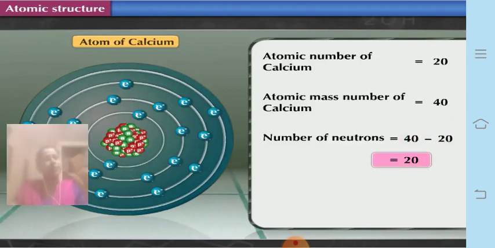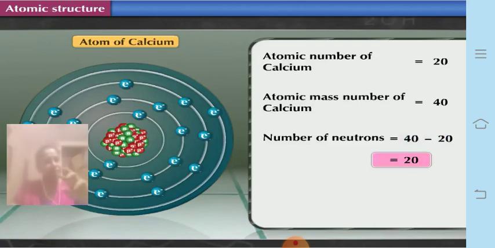The electron's mass is negligible compared to that of protons and neutrons, and therefore we say that the mass of the atom is concentrated in the nucleus, which contains protons and neutrons. The atomic mass number is denoted by the symbol A, and it is nothing but the sum of protons and neutrons.